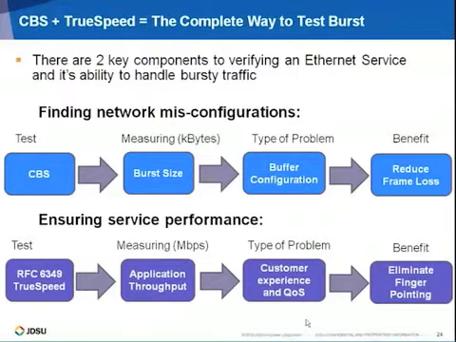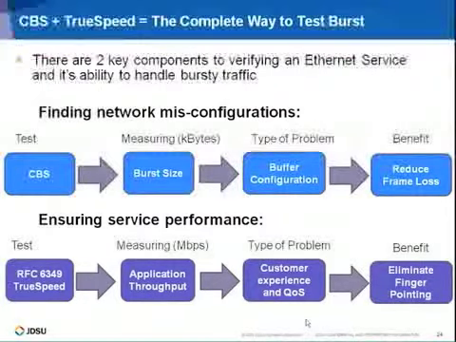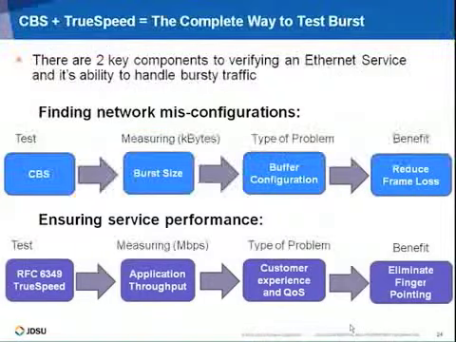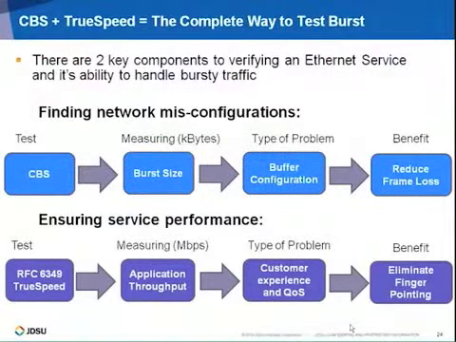So that's why we recommend also doing the TCP throughput test. You could have very poor TCP throughput, like we showed you, around 60 meg instead of the 95 meg TCP throughput it should have been, even with the 64 kbyte burst size passing. So that's why we recommend this two-prong approach to testing burst, looking for both a burst size verification and an application or customer experience throughput verification. And we view this as the best, most complete way to do it.